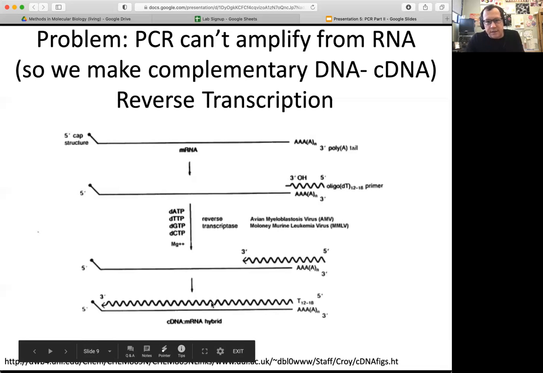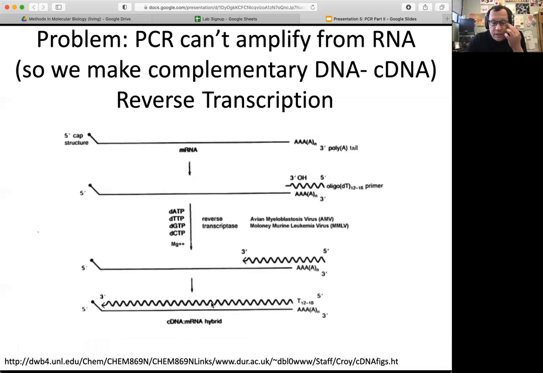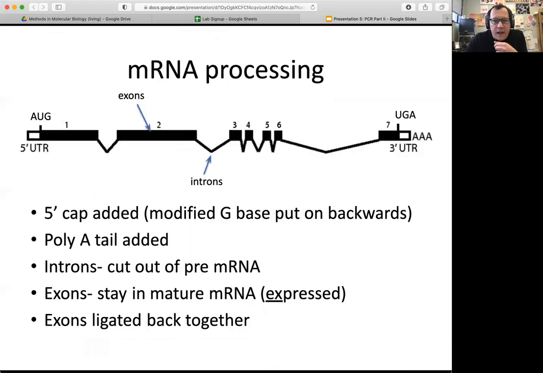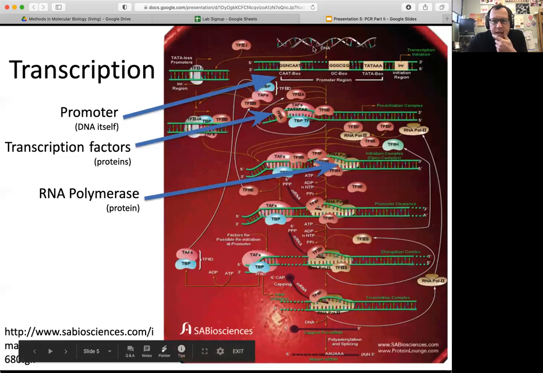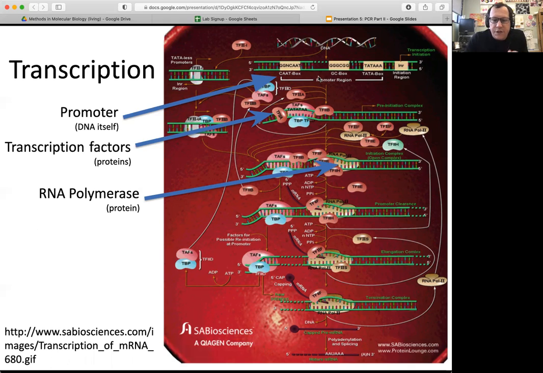And what this allows us to do is determine gene expression, right? If we go back to our DNA, say that we wanted to analyze gene expression from different tissues. So this week, you're going to be analyzing gene expression from brain versus kidney. If we extracted all the DNA from brain and all the DNA from kidney, that DNA would be identical.